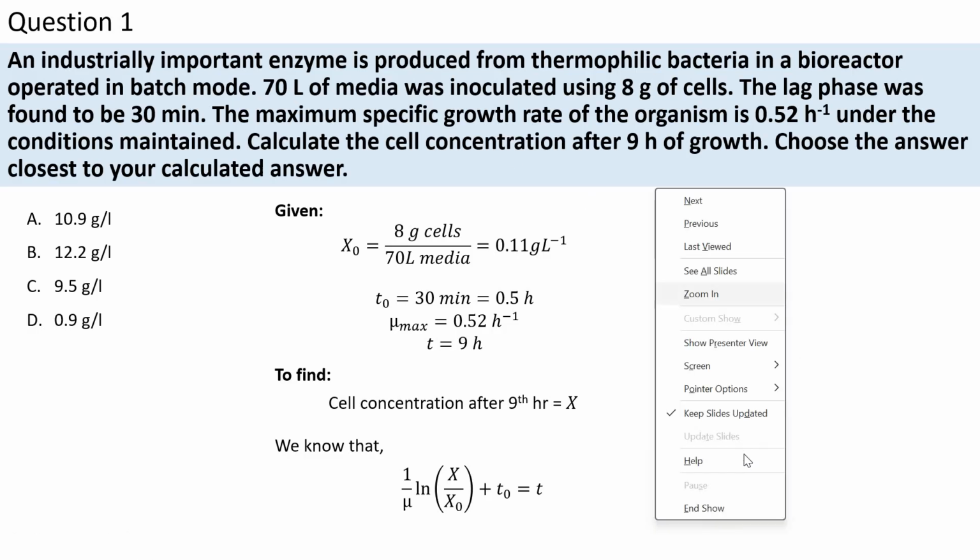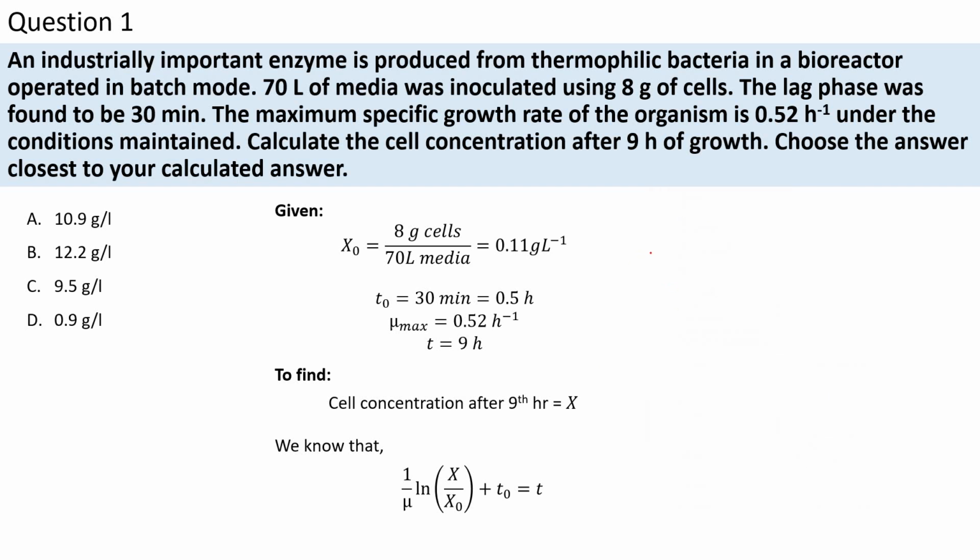Here we have to rearrange, so I'll try to do it step by step. We want to keep x on one side and put all the other parameters on the other side. So 1 by mu ln of x divided by x naught is equal to t minus t naught.